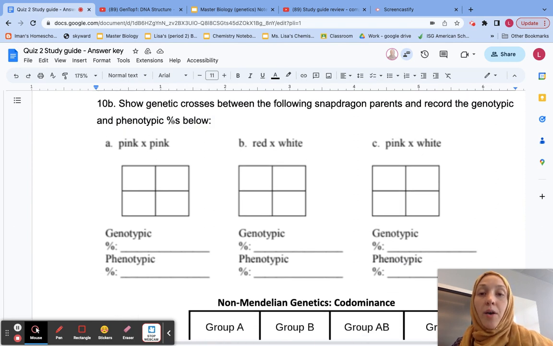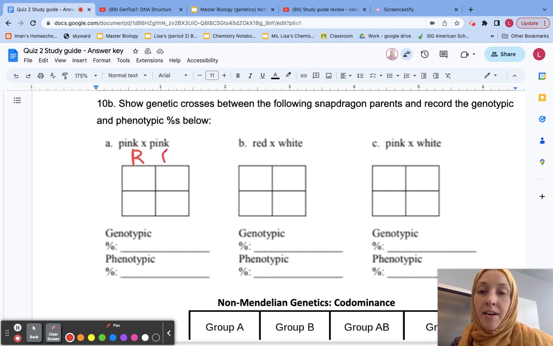Okay, so now we want to do the genetic crosses between each of the following and record the genotype and phenotype percentages below. So, if I'm crossing pink with pink, pink would be heterozygous, right? So it would be capital R, lowercase r, capital R, lowercase r.